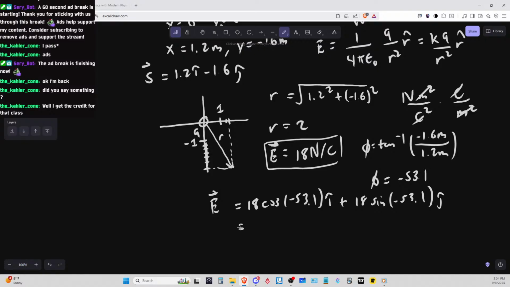This is a vector problem, so it's like 10.8 i plus 18 sine negative 53.1, so that's negative 14.3 j.